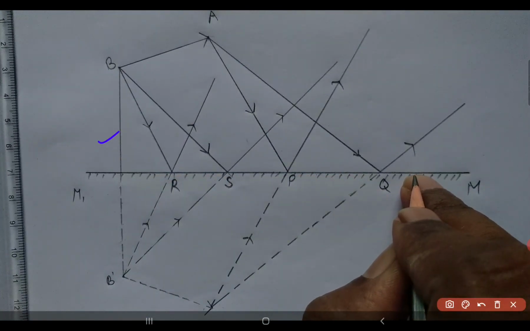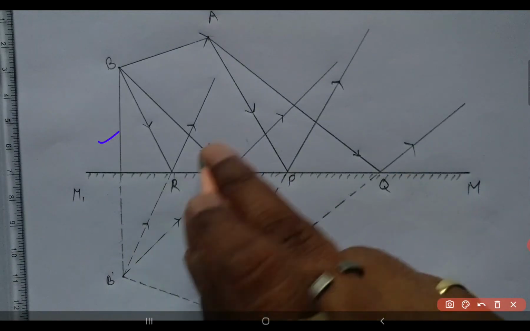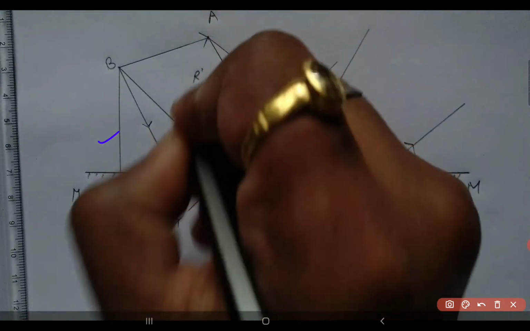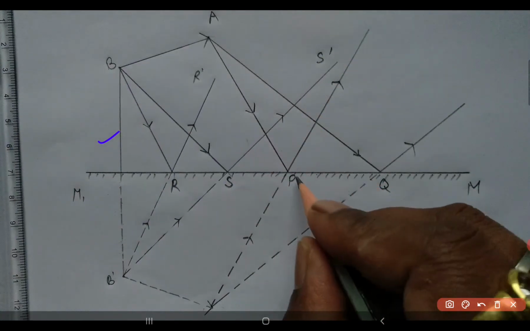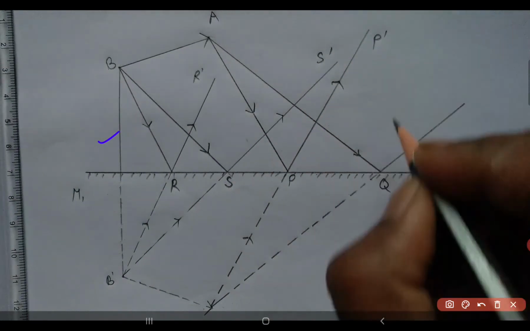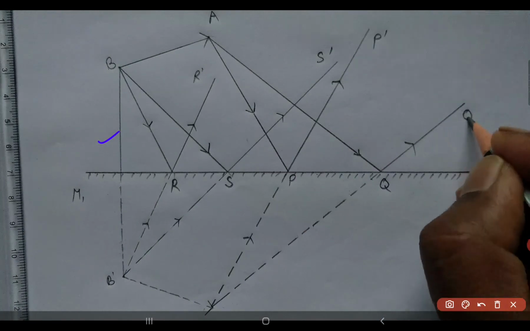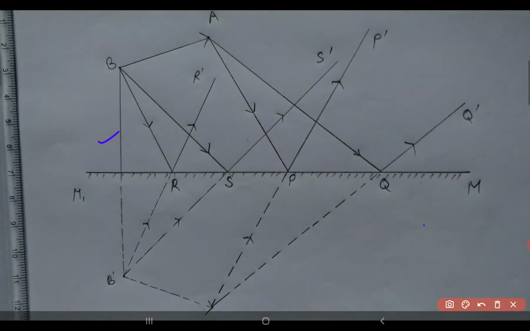So P, Q, R, S I have just labeled, and now these will have reflected rays. R will become R dash, S becomes S dash, P becomes P dash, and Q becomes Q dash. So the labeling part is also over.